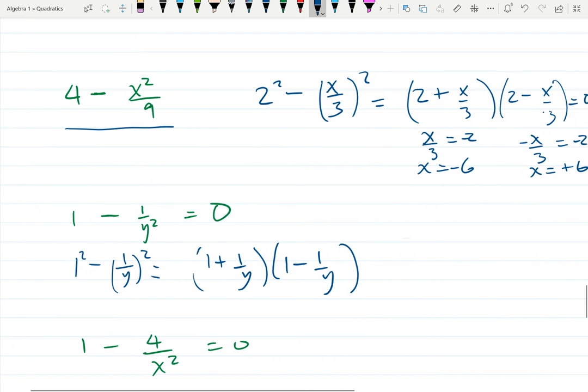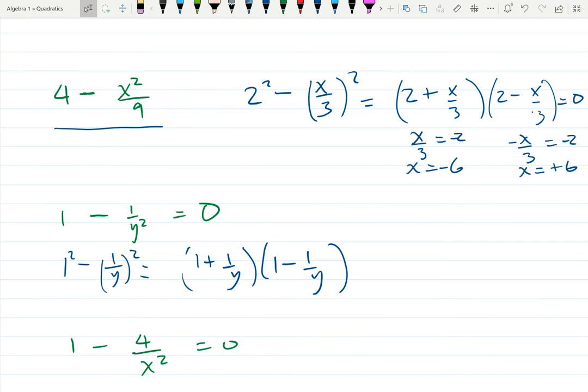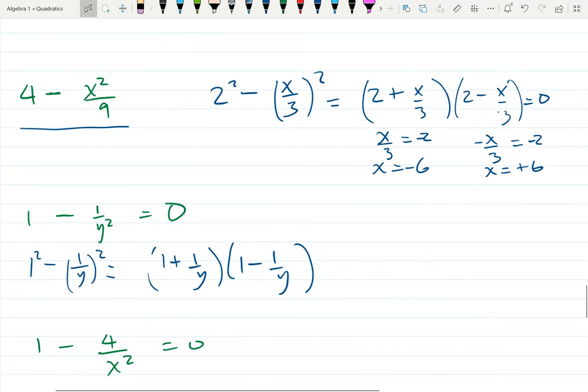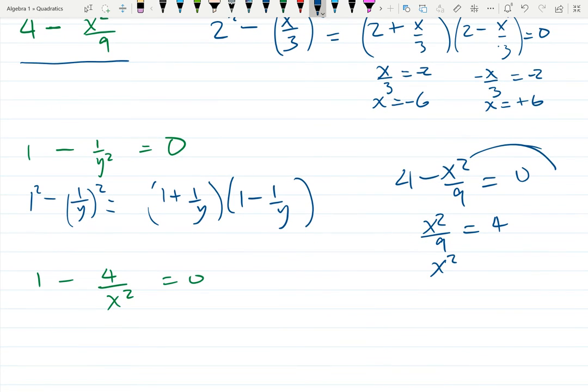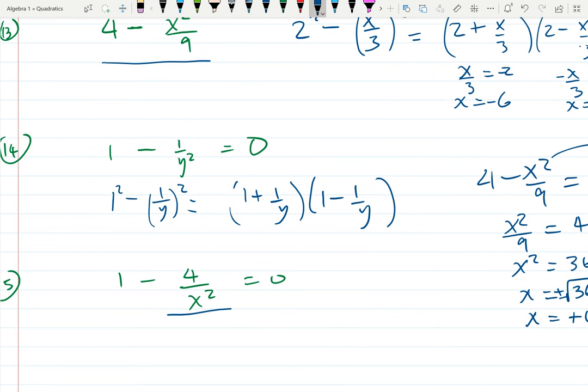Or what you can also do, going back to number 13 here, you can say 4 minus x squared over 9 equals 0, which you can solve: x squared over 9 equals 4, x squared equals 36, x equals plus or minus square root of 36, so x equals plus 6 or minus 6. So you can do that too, and you can do the same thing over here.